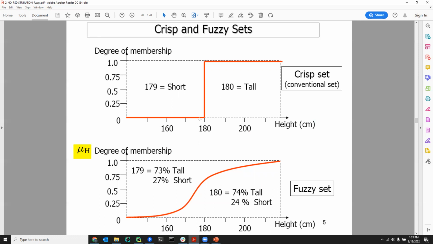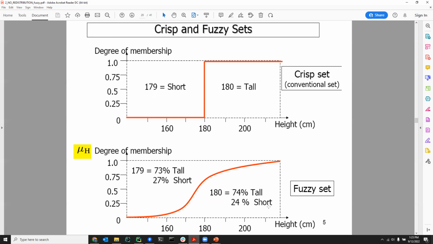And so if we look at this membership function, once we have 180 centimeters, we're just completely in the tall set. And if you're below that, you're in the short set. However, we can have a degree of membership if we have this sigmoid-looking function that describes your tallness and shortness on this continuum. And we could say, well, in this case, if we're 180 centimeters tall, well, we're 74% tall and 24% short.